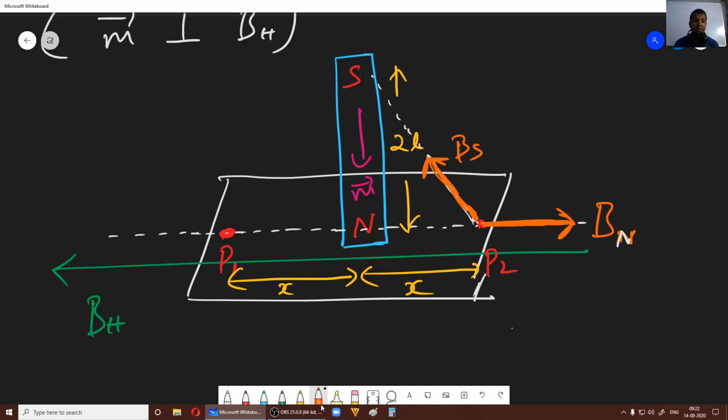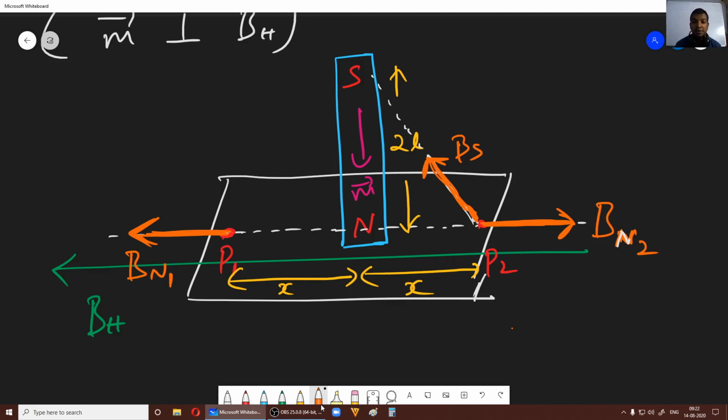Now the same thing goes for point P1 also. Assume that you have kept a unit magnetic charge or unit pole strength at point P1. Now the north pole will try to repel it. Let us take the left one as Bn1, and this one as Bn2.